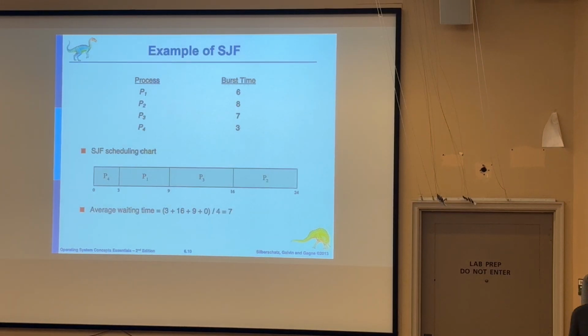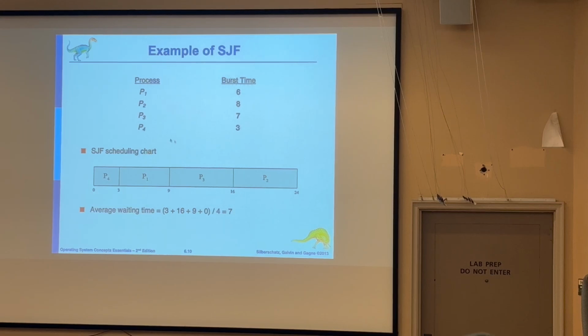Okay. All right. So this is an example to showcase shortest job first, assuming that we know the CPU burst of each process. P1 has a burst time of 6, P2 has 8, P3 has 7, P4 has 3. If they arrive at approximately the same time, then we use SJF to schedule them.